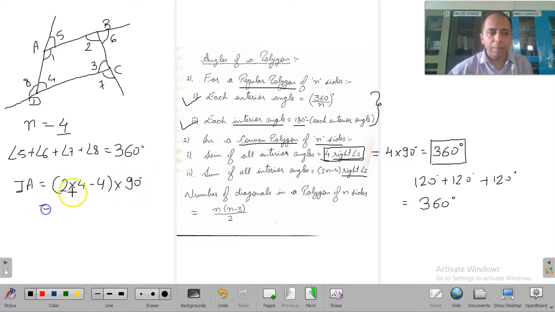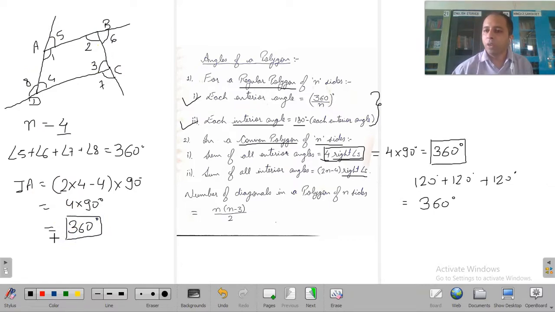So 2 multiplied by 4 is 8. 8 minus 4 is 4. So it is 4 multiplied by 90 degrees. Hence it is 360 in this case. So the sum of all interior angles of a quadrilateral is 360 degrees.